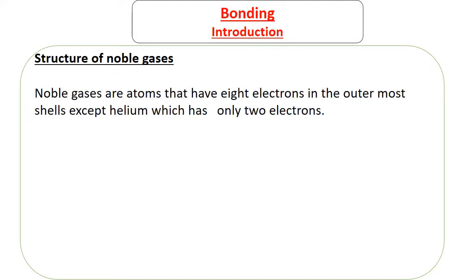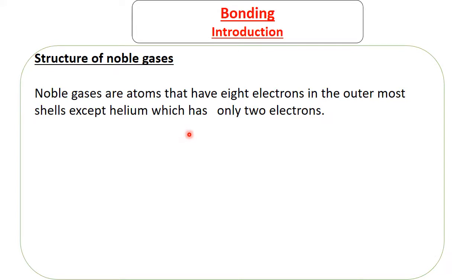So noble gases are atoms that have 8 electrons in the outermost shell, except helium, which has only 2 electrons. So all noble gases have 8 electrons in the outermost shell. Helium only has 2 electrons in the outermost shell. And all noble gases are stable. They don't react, or they don't combine, they don't form bonds with other atoms or elements.